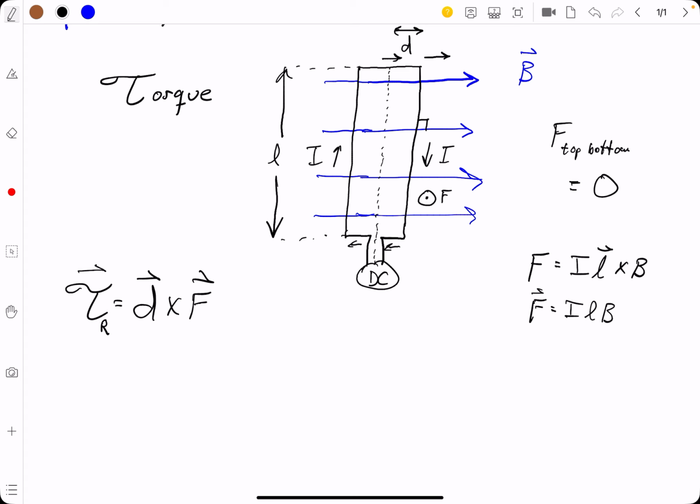So D cross F is going to give us a torque, and that torque is down, D cross F, right? So our torque actually points in this direction on the right side.